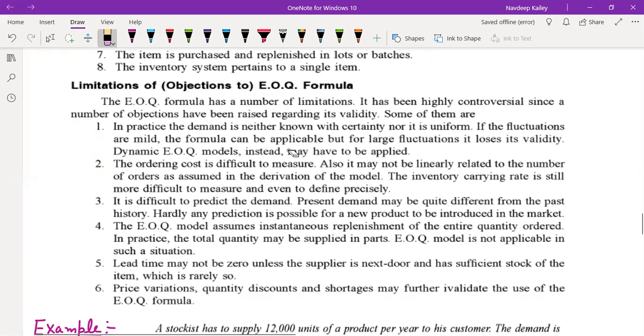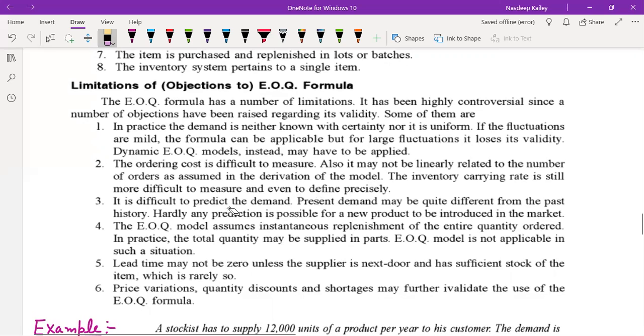Dynamic economic order quantity models may have to be applied instead. The ordering cost is difficult to measure. Also, it may not be linearly related to the number of orders as assumed in the derivation of the model. The inventory carrying rate is still more difficult to measure and even to define precisely.